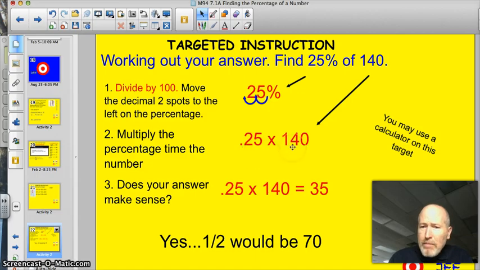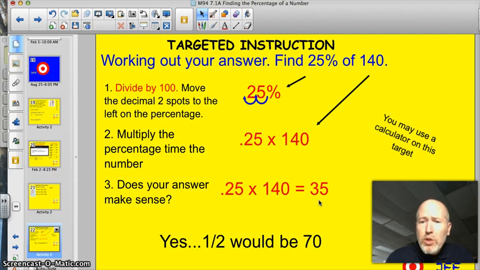I multiply that by the original number of 140, and I'm going to get my answer. So 0.25 times 140 equals 35. Does that make sense? Yeah. Well, a half of 140 would be 70, so 35 as a quarter makes total sense.